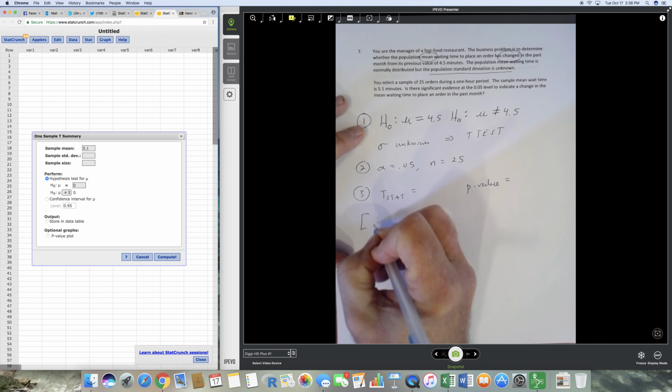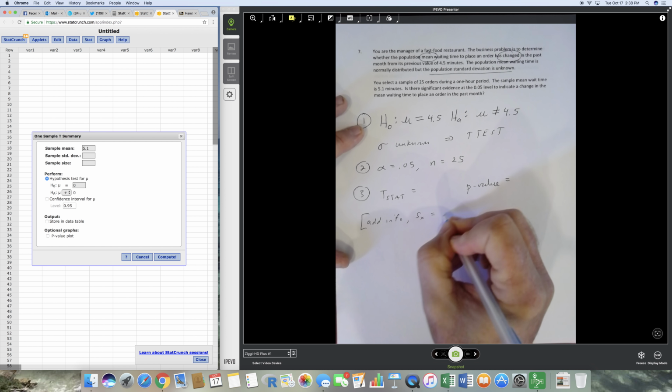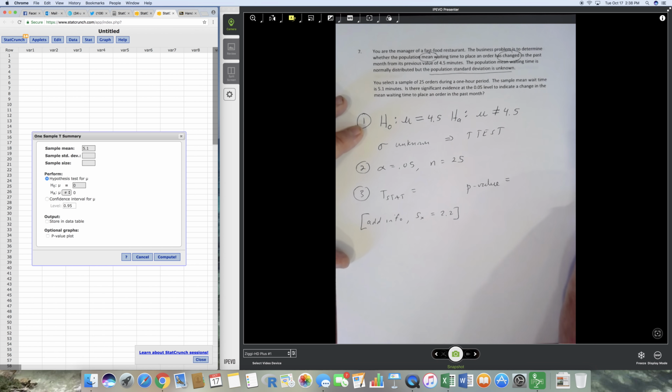So footnote, add info that the sample standard deviation is 2.2. All right, so equal to 4.5, not equal to 4.5, compute.